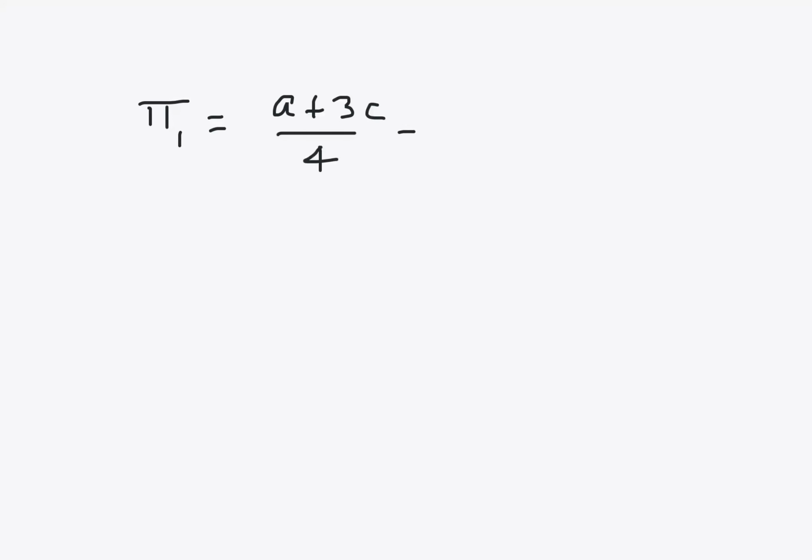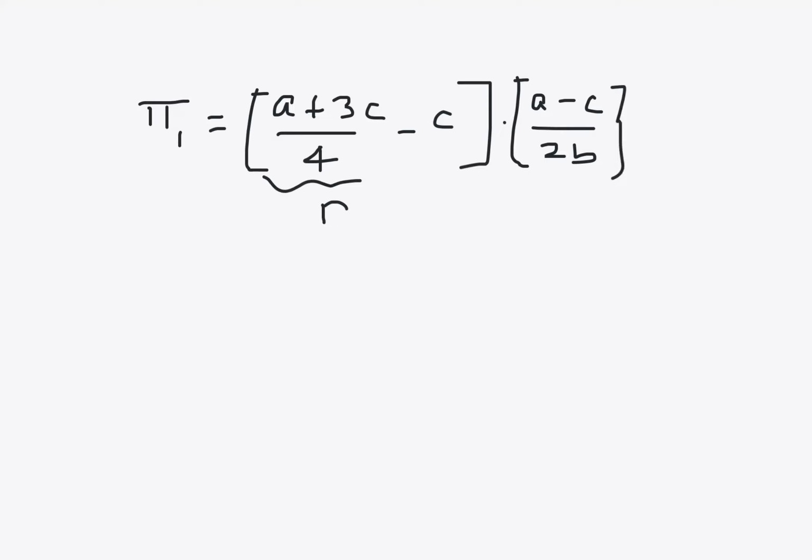And cost is C. So price minus cost, times the quantity produced by firm 1. Firm 1's quantity is (A minus C) over 2B. So this is price, this is cost, price minus cost, and this is the quantity produced by firm 1.